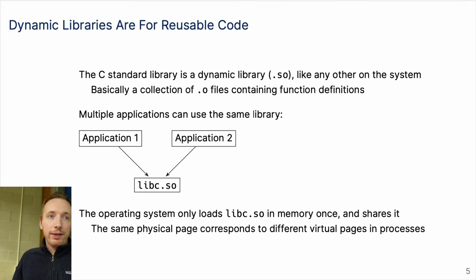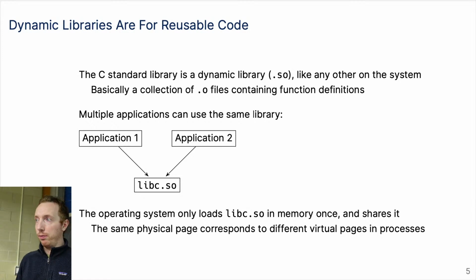So for example, if every single program uses it, so if you have 100 programs running and they all use the C library, well, instead of having 100 copies of the C library that are all the same thing, because we have virtual memory, one of the fun things you could do if you are the kernel is, for each application that is using the C standard library, it would be at a particular virtual address, and then you could make each application's virtual address that corresponds to the C library correspond to one physical address. So they can all reuse the same physical address, even though they all have their own virtual address space, right?